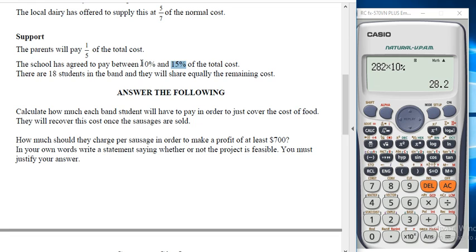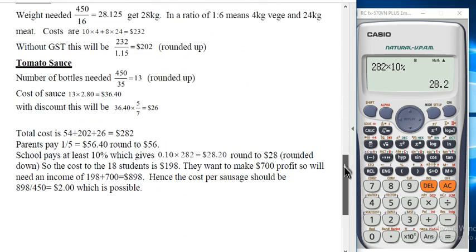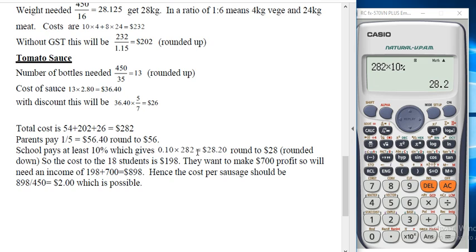So we're just going to assume that the school only pays a little bit of it for us. So we're going with 10% instead. Alright, so 282 times 10% will give us $28.20, and they've rounded it to $28, rounded down. Once again, I probably wouldn't round that. I would stick to the 2 decimal places, so I would recommend that.